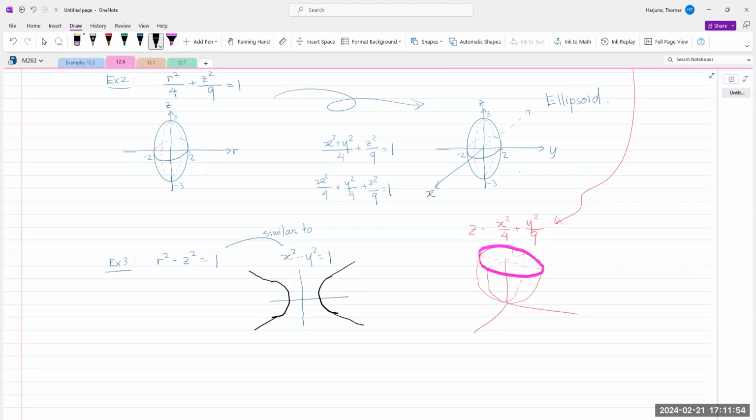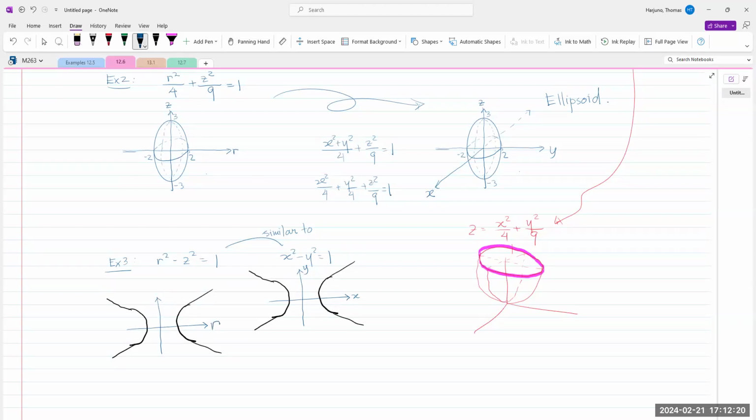Now, this is x, this is y. Now, what happened in rz? Well, in rz it will be basically the same. I copy paste that thing. But now I change this, x becomes r and y becomes z.